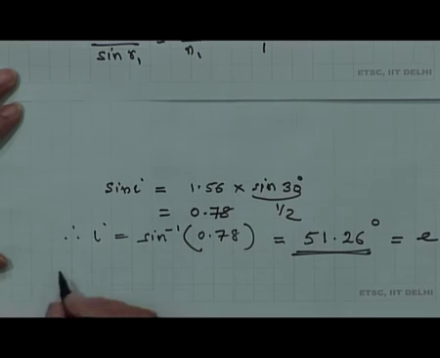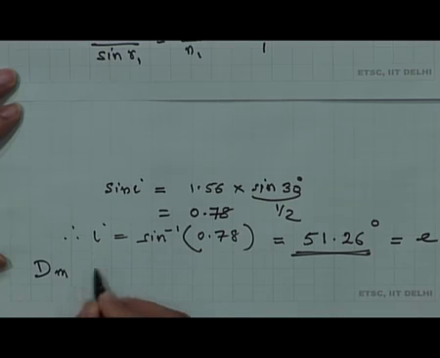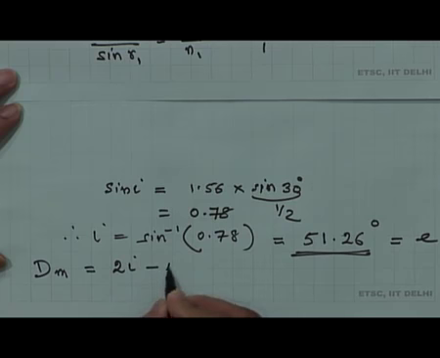Of course, we can determine the angle of minimum deviation dm. So, dm is equal to twice I minus A, that is how we got I is equal to A plus dm by 2. So, dm, that is the angle of minimum deviation in this case.